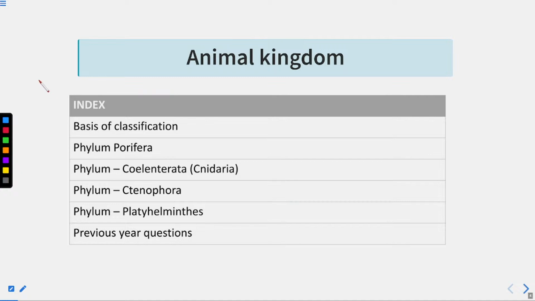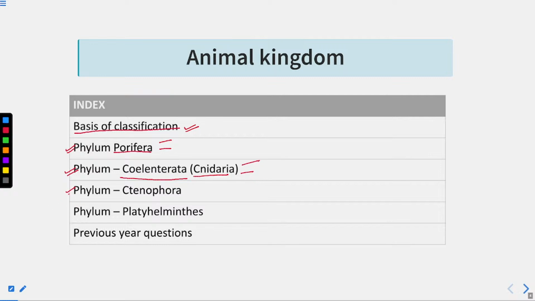What are we going to study in this session? First, the basis of classification of animals, right? Then we will start with phylum Porifera. We'll study the characteristics and examples of Porifera. Similarly, we will study the phylum Coelenterata, also called Cnidaria, general characteristics and some examples.